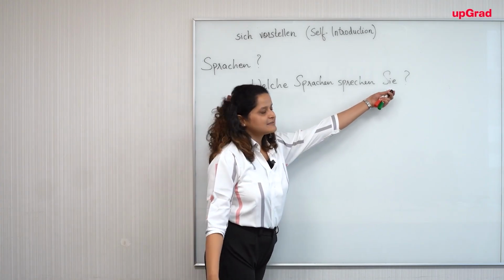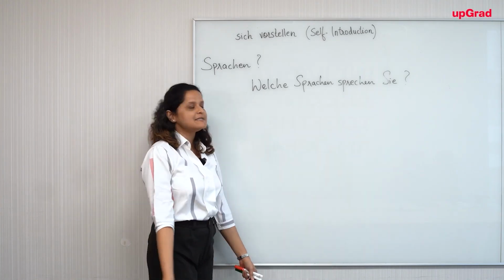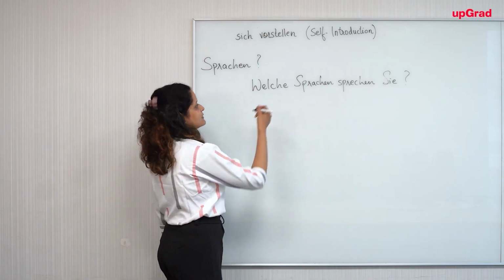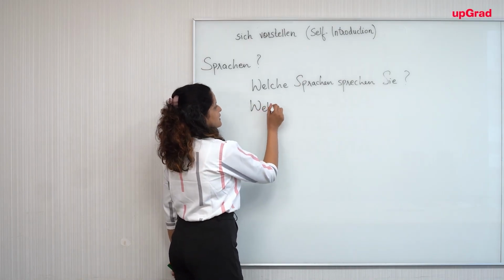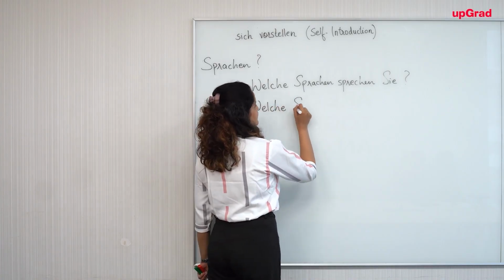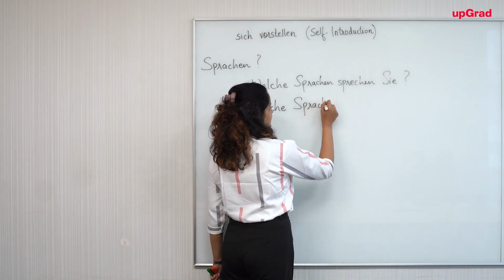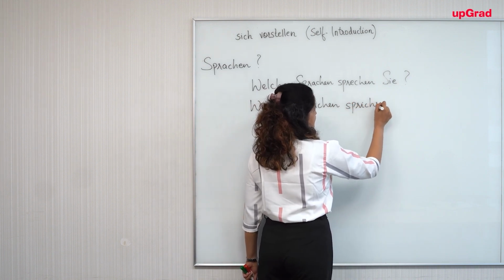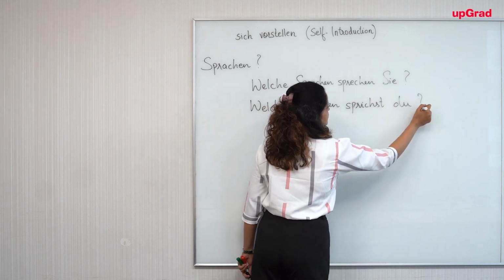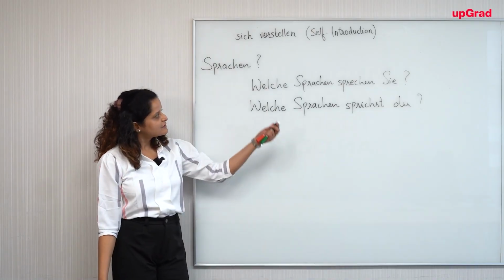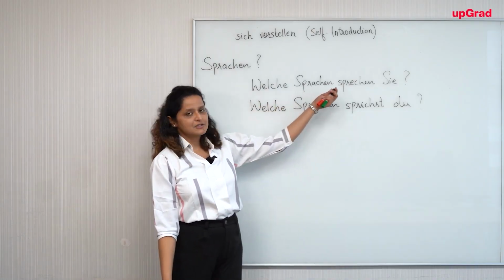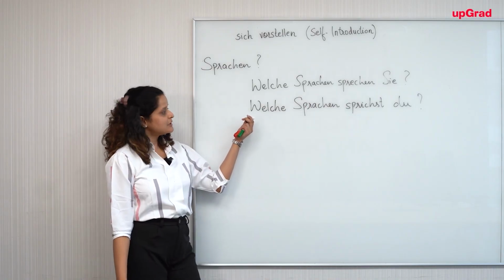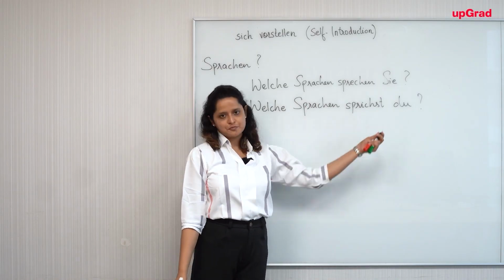You see the Z is capital here, so this is your formal Z. Now we turn the same question into an informal question. We have learned the conjugation of sprechen. So the question becomes welche Sprachen sprichst du? So one question that you have is a formal question, welche Sprachen sprechen Sie? The next question that you have here is an informal question, that is welche Sprachen sprichst du?